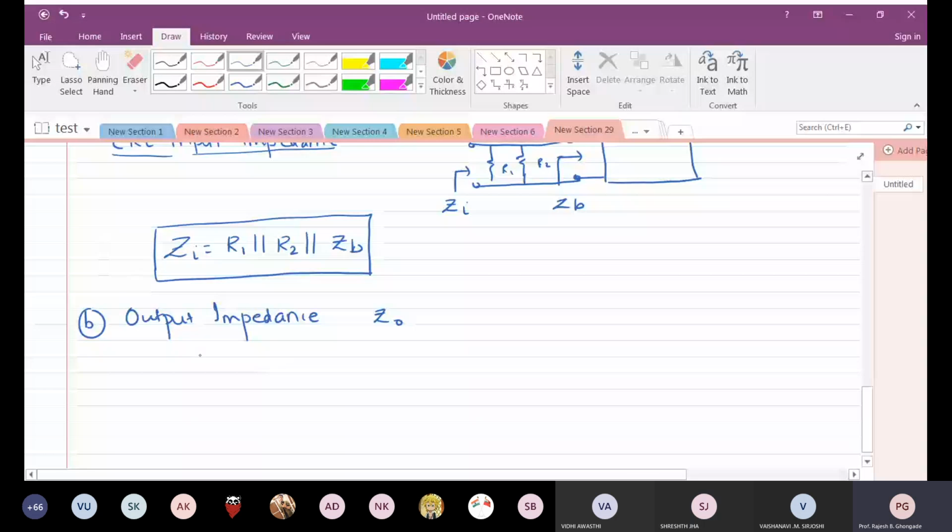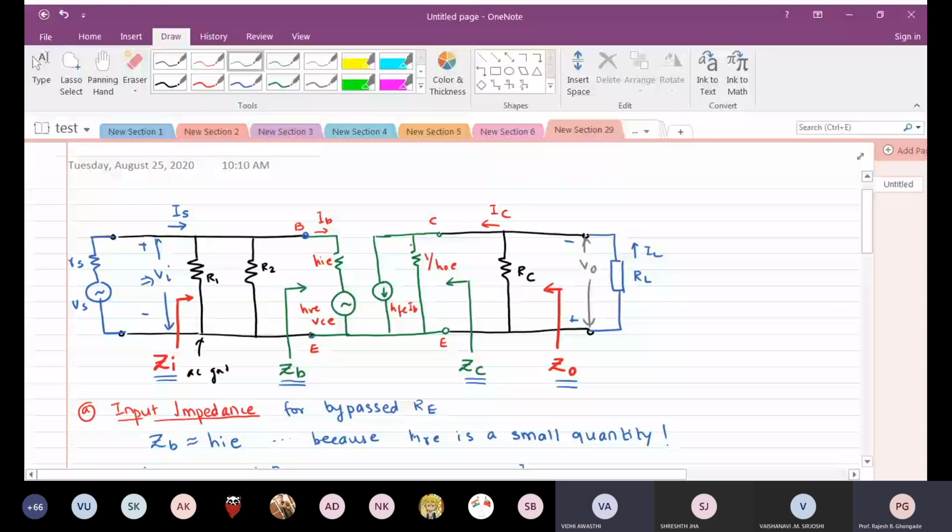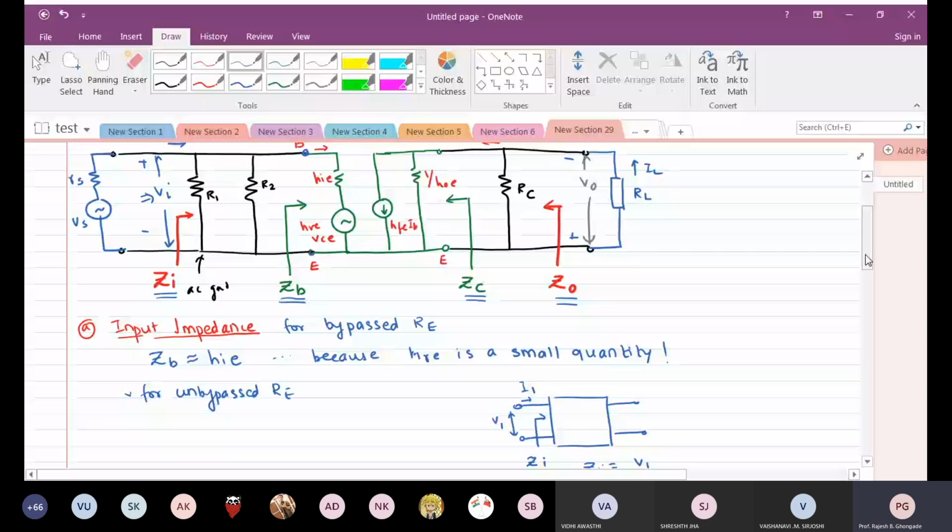So what do I have ZC as? If I look into the collector and emitter terminals, for example here, what do I see? 1 by HOE. Yes, 1 by HOE. Please remember it is 1 by HOE, as HOE is admittance. So ZC is nothing but 1 by HOE.